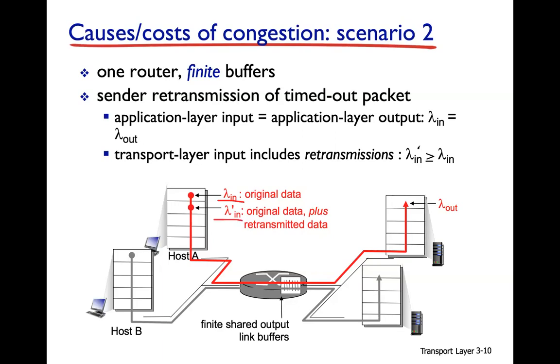But since our buffer at the router is limited, we may also need retransmission because a packet is lost here. So you don't get an ACK. You get ACKs for the next packets, and you get three duplicate ACKs for the same expected segment. So you probably will do retransmission. So your arrival rate will be bigger than the original data rate.